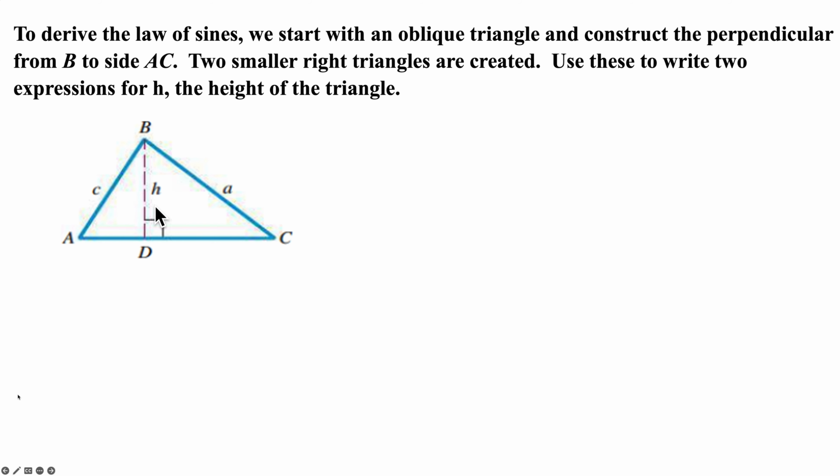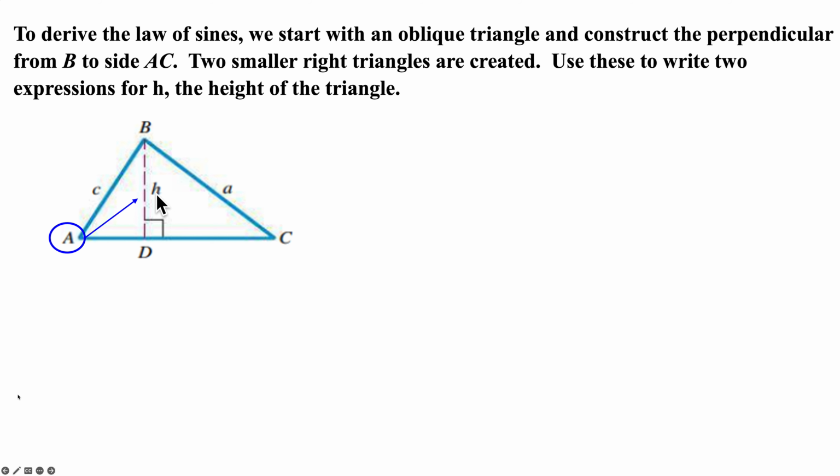We're going to have to find the height, because this height is being shared between this right triangle on the left and the right triangle on the right. So let's use angle A as my reference angle.